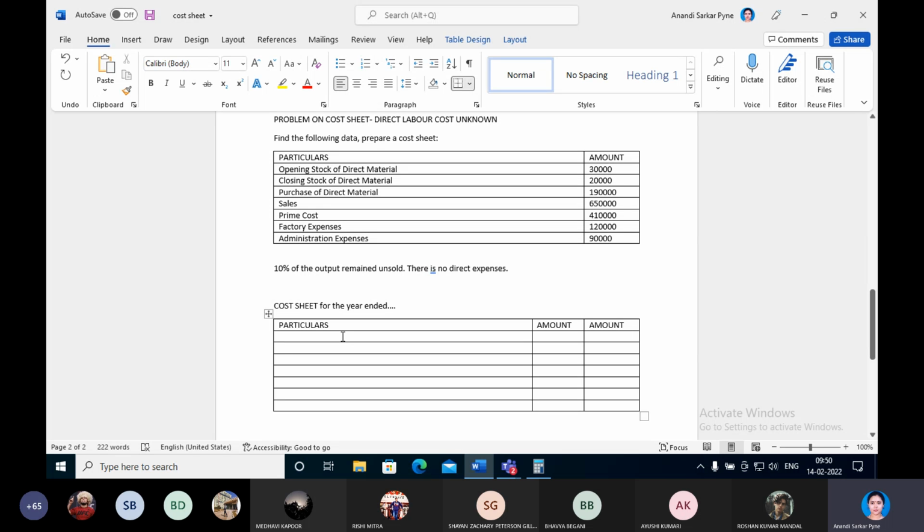So here you put opening stock of direct materials, which is 30,000.